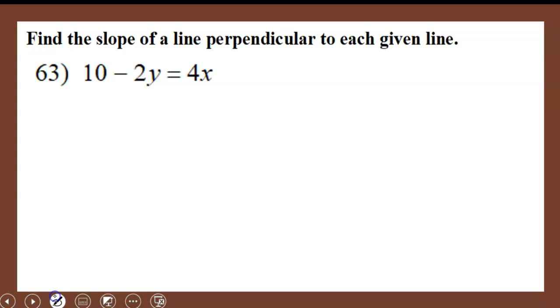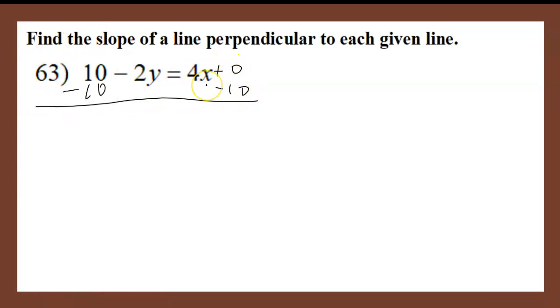All right. Last one, I believe. So again, we go ahead and solve for y. Since y is on the left with this number, we want to subtract 10 from both sides. Again, we have 0 here because 10 does not have x in it. So negative 2y equals 4x minus 10.